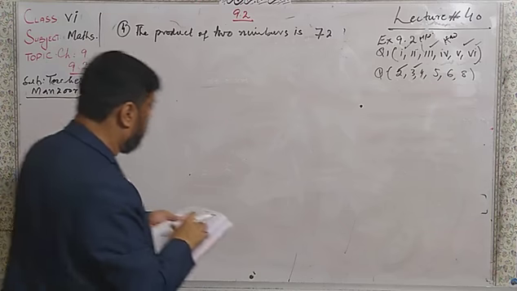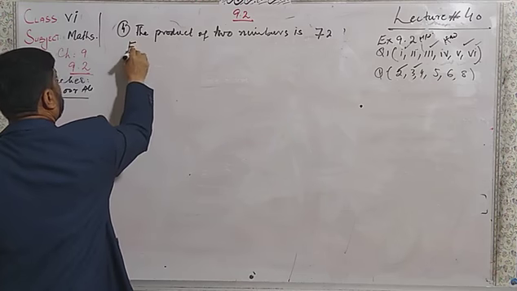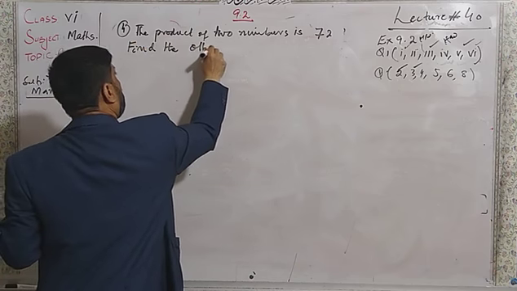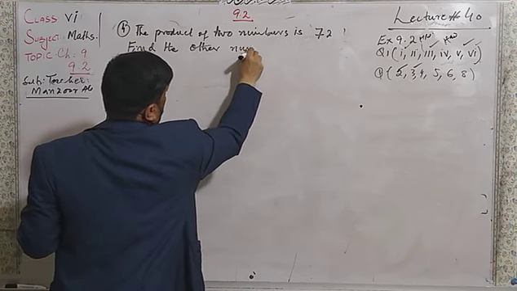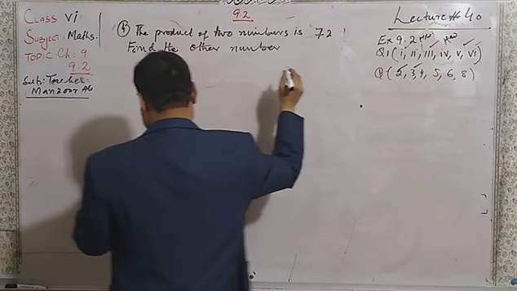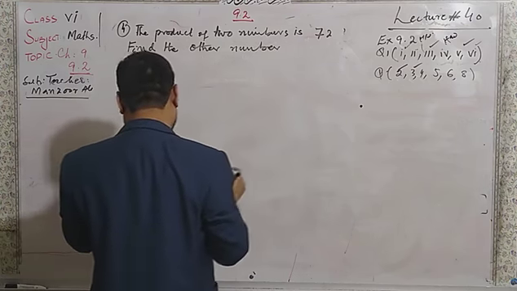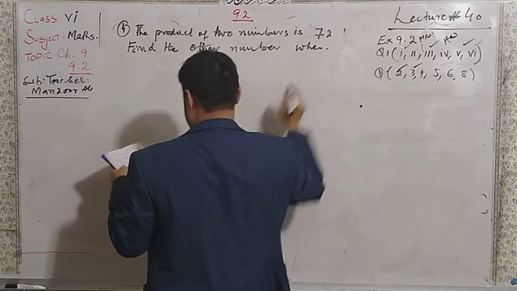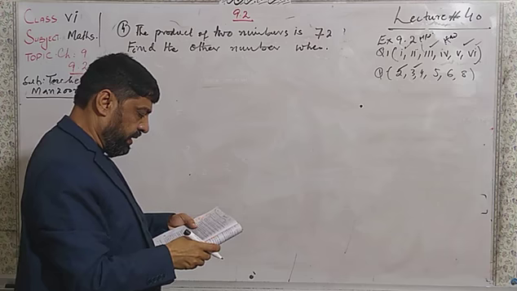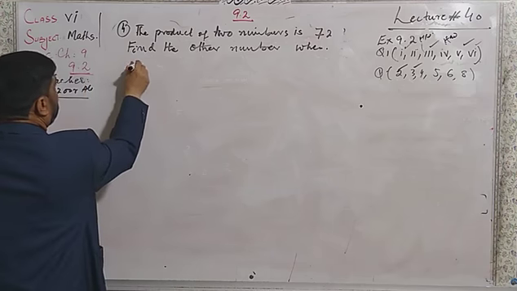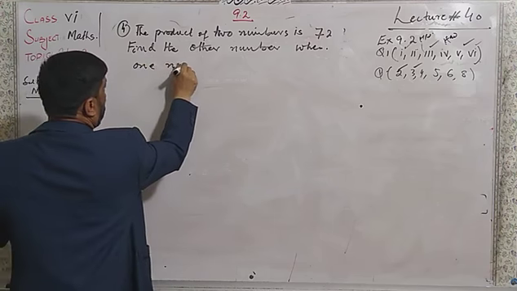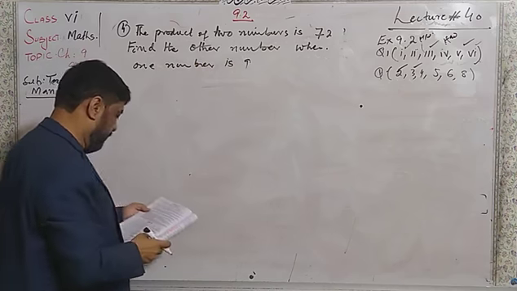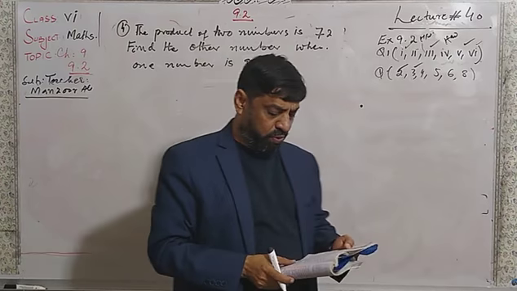Find the other number when one number is 9. This is question number 4.